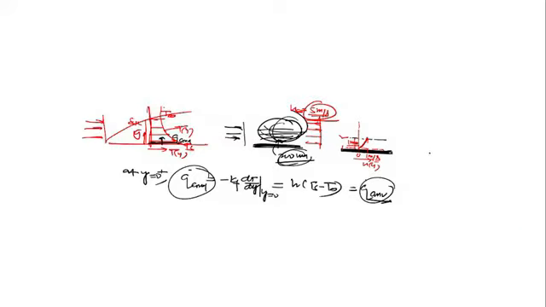So what is the gradient, du upon dy, at the wall, at y equal to 0? The change in velocity is 1 minus 0 upon 1 millimeter. So this is 1 meter per second per millimeter. This is the gradient, yes or no?